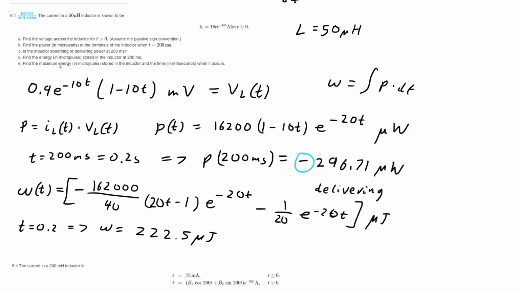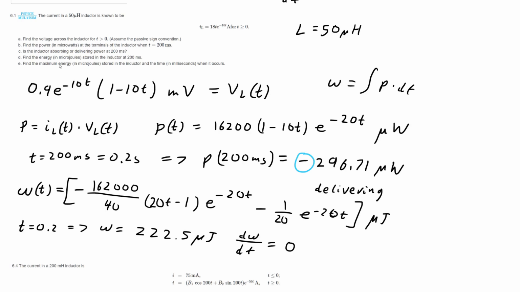So to find the maximum energy, you have to take the derivative of the power, or the derivative of the energy. So dw/dt, then set that equal to 0.